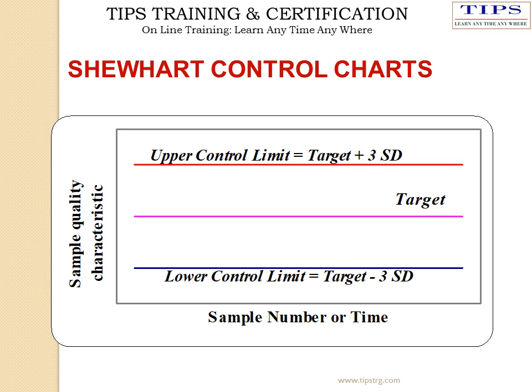Lower control limit is equal to target, that is mean, minus 3 standard deviation, represented by blue color line. We have to see that all the values of that particular parameter of the process will lie between these two lines, that is upper control limit and lower control limit.